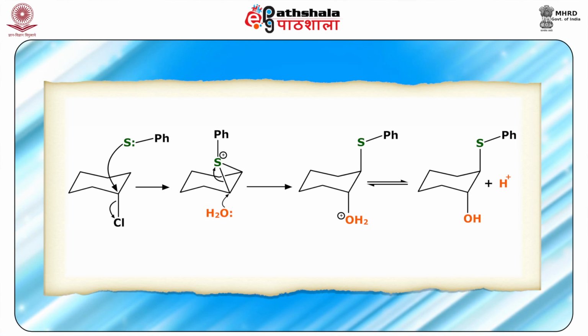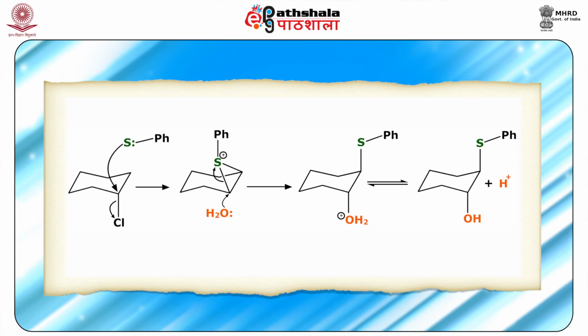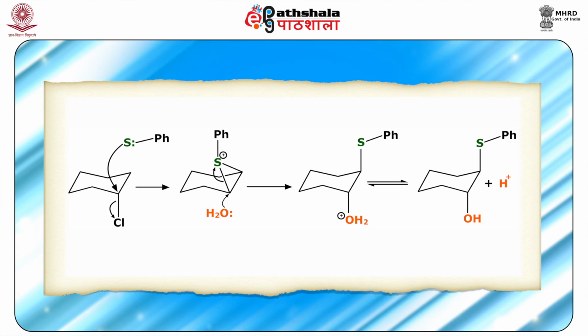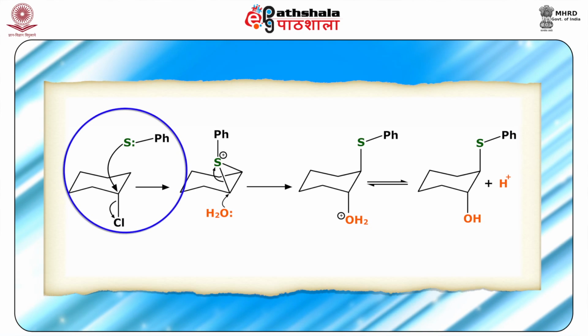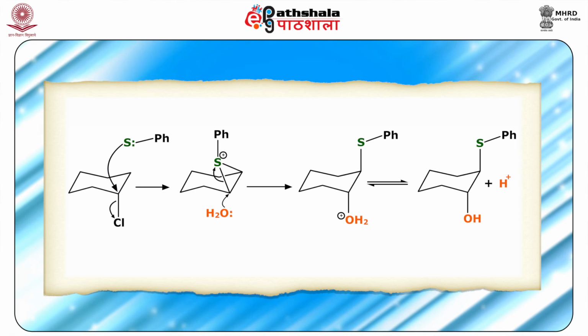So, what you can see is, as compared to the starting molecule, the resulting product has perfect retention of the stereochemistry. As shown here, the thio substituent displaces the chloro group by attacking the back side of the carbon to which the chloro group is attached.